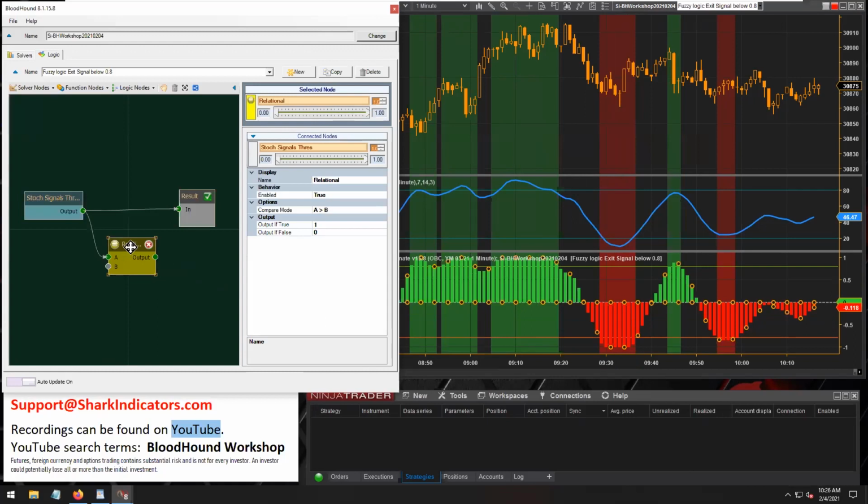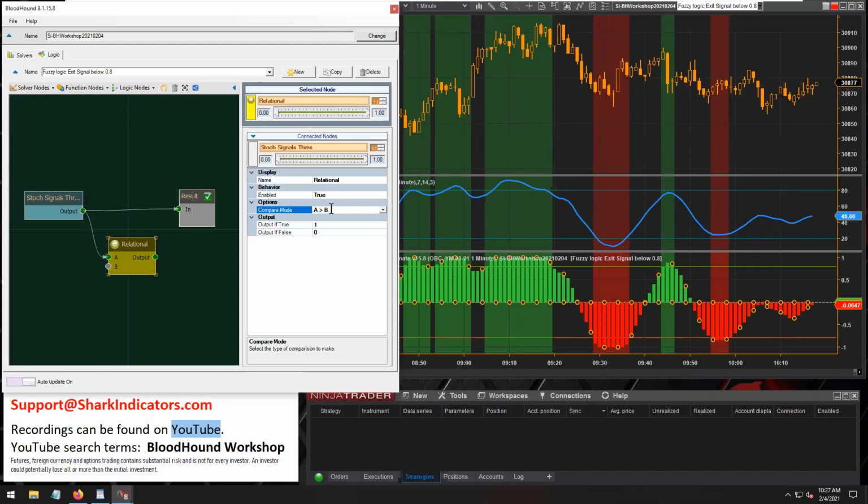And so the relational node is not just doing one comparison. It's not just saying, is A greater than B, because there are two calculations going on. So the relational node is always doing two comparisons.